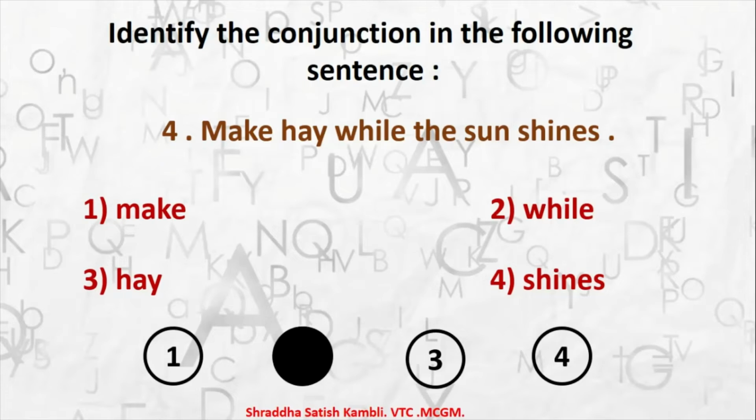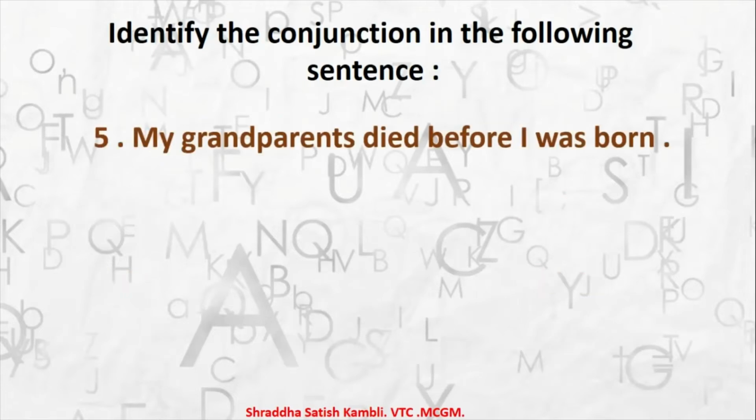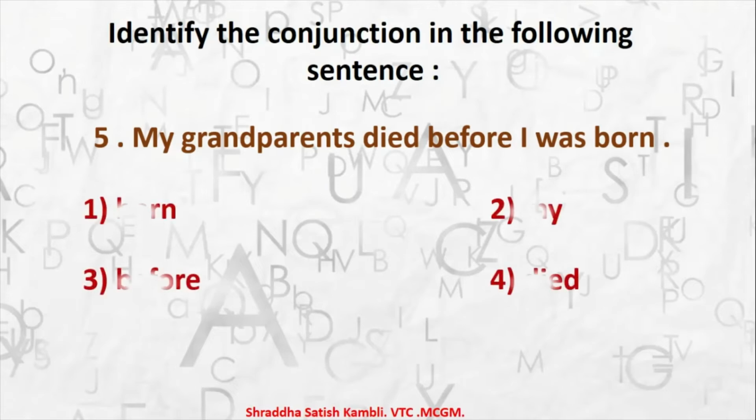Coming to the last example in this pattern. My grandparents died before I was born. Let's see which one of the words is the conjunction. Is it option number 1, born, option number 2, my, option number 3, before, or option number 4, died?